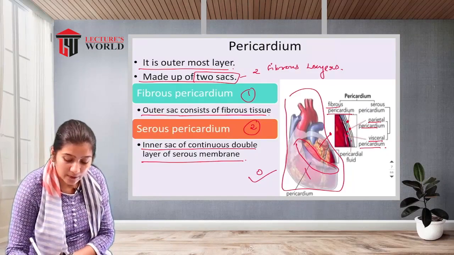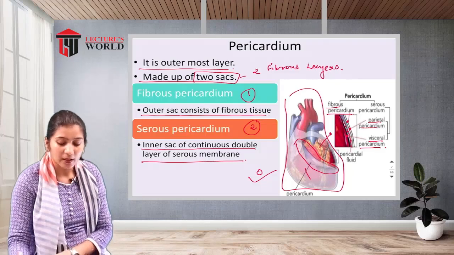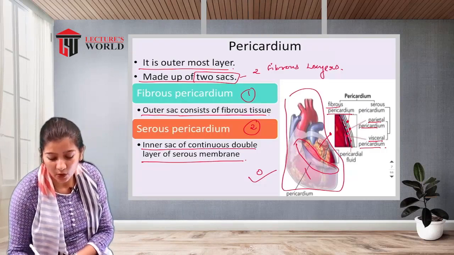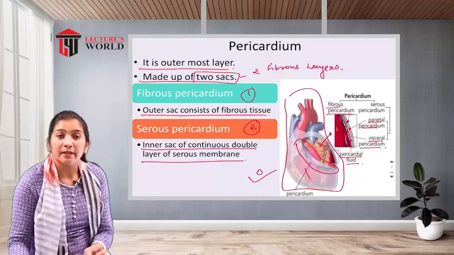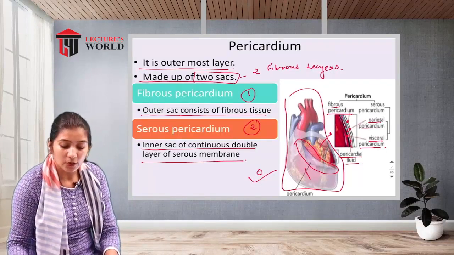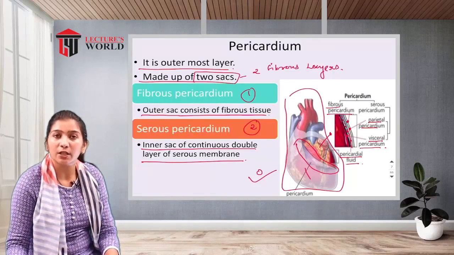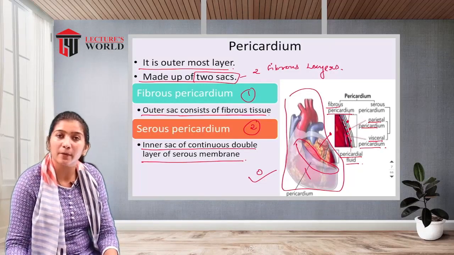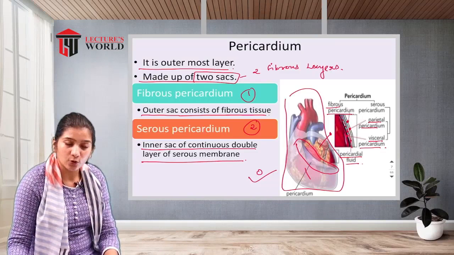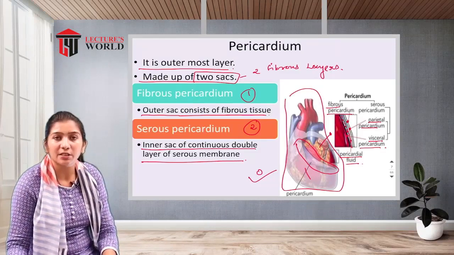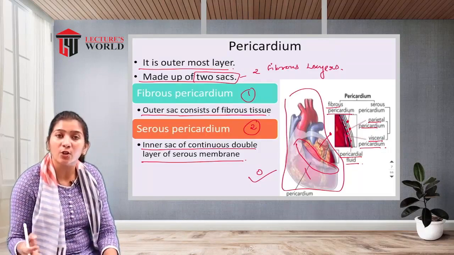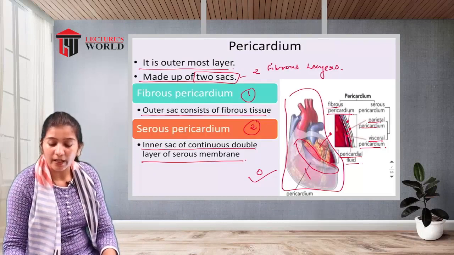Between the parietal and visceral pericardium there is fluid, known as the pericardial fluid, and that fluid helps protect the heart from friction. So that's all about the pericardium. It is the outermost layer, having two layers, the fibrous pericardium and the serous pericardium. Serous pericardium is divided into the parietal and visceral pericardium, and between them is the pericardial fluid.